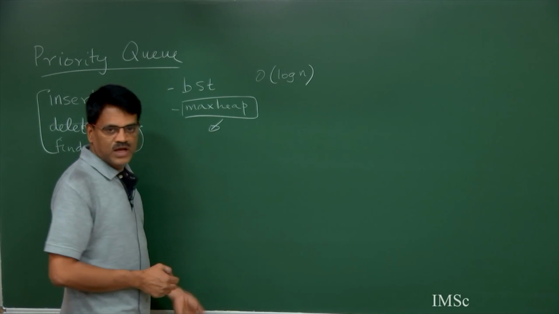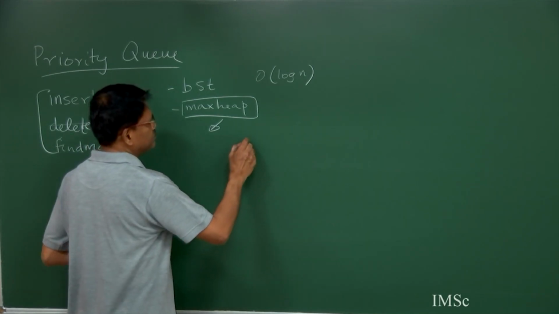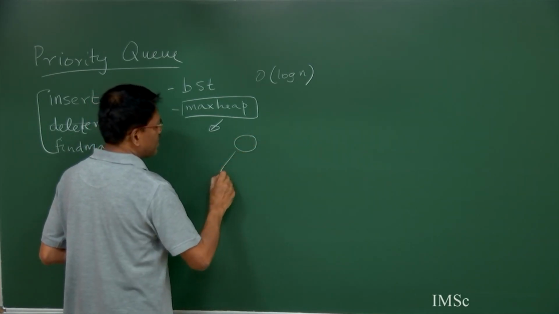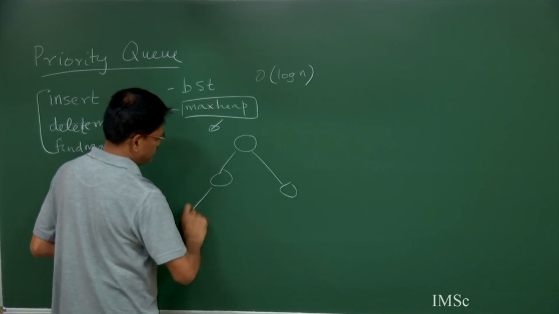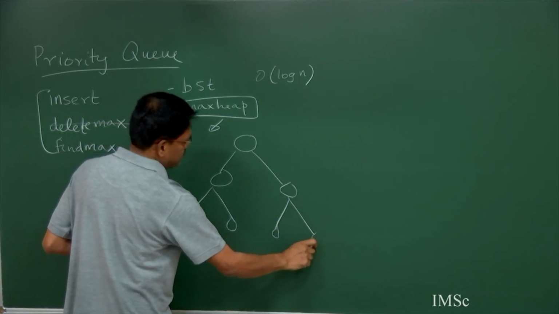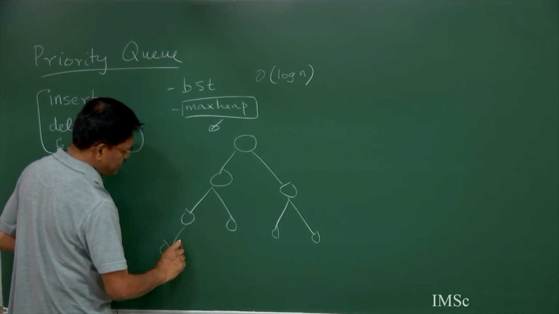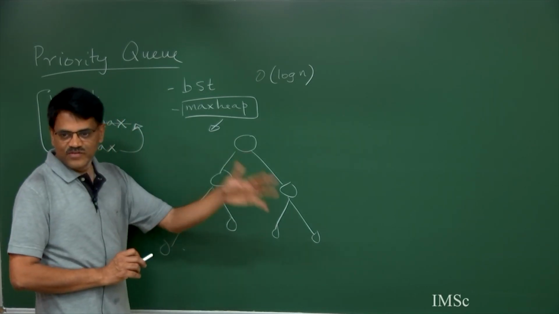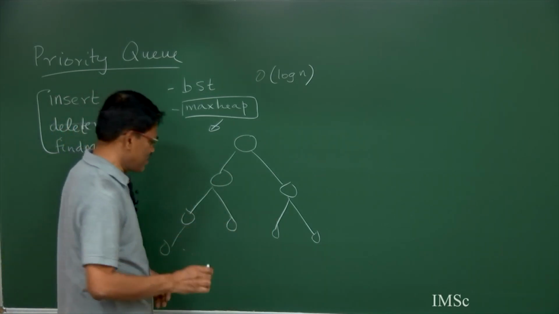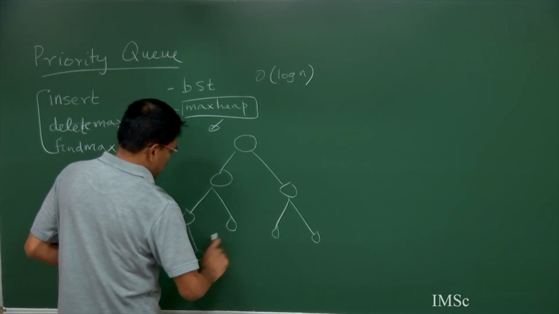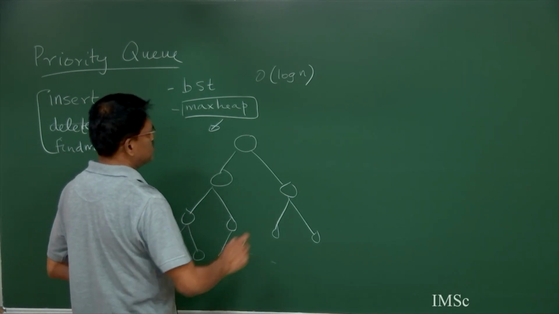So how does a max heap work? It's again a binary tree, but it's a complete binary tree, right? Which means that you keep filling up level by level. These are some things which you have already seen, so I'm just refreshing, right? That's how it works.